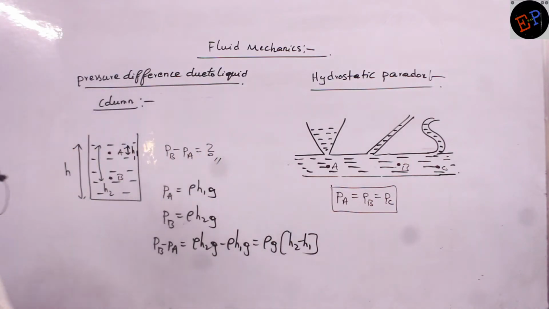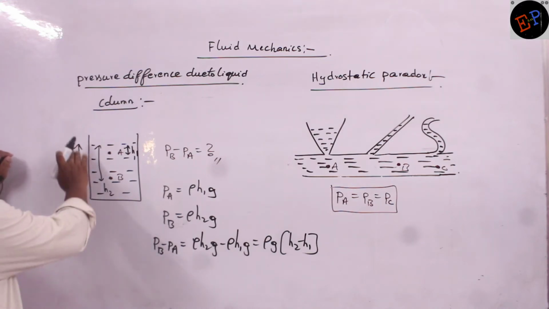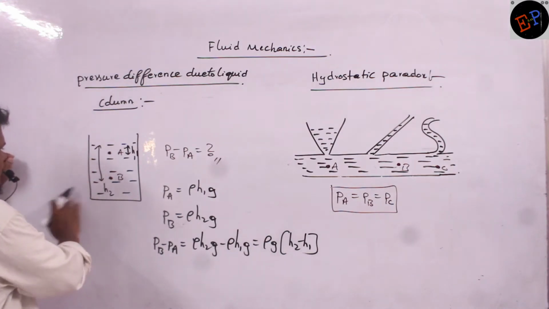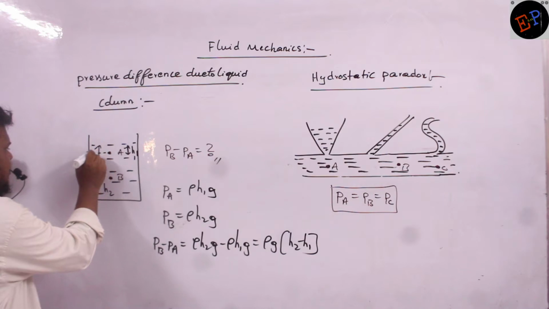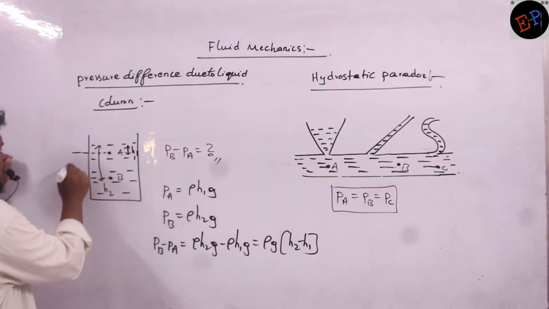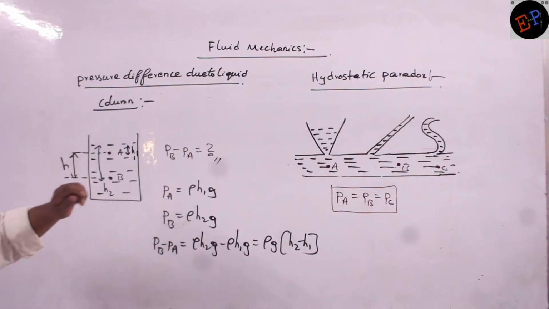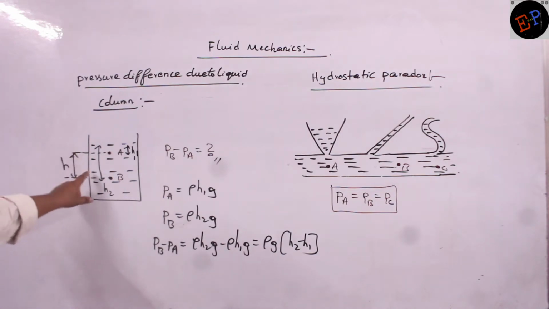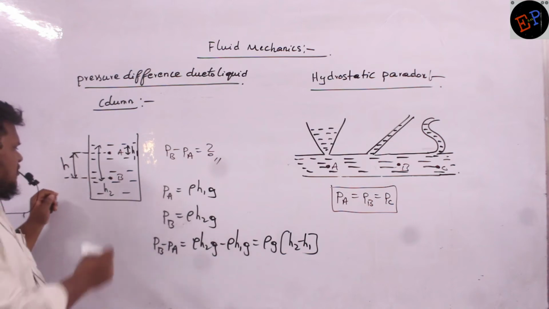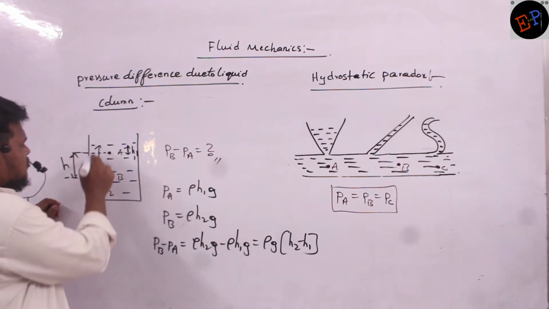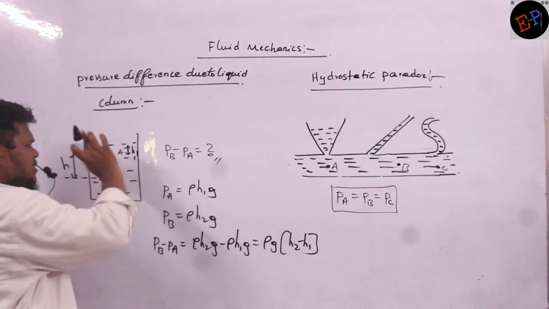This height is not what we are supposed to take. Let us correct this. The distance between A and B, I will take it as H. Which distance? Vertical distance. Vertical distance between A and B is considered to be H. Then definitely H2 minus H1 is nothing but H only.